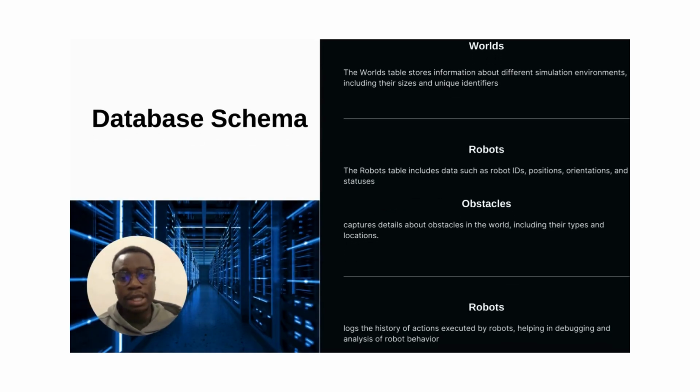The database schema overview. The database consists of several key tables, including worlds, robots, obstacles, and commands. The worlds table stores information about different simulation environments, including the size and unique identifiers. The robots table includes data such as robot IDs, positions, orientation, and statuses.